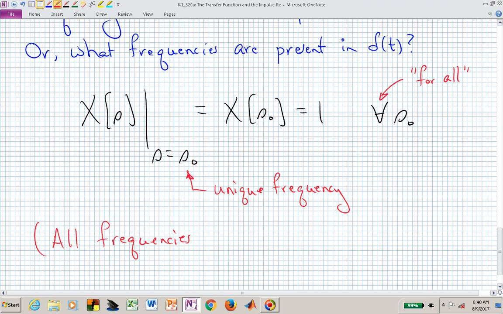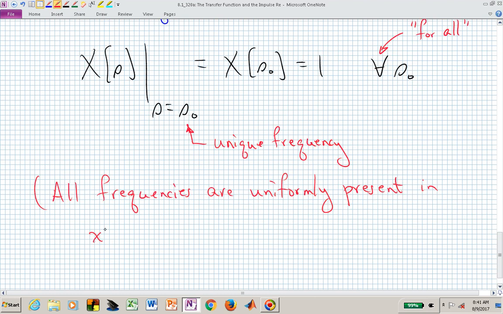exist or are uniformly present in this impulse function, in x of t equaling delta of t. That's what this particular result tells us.